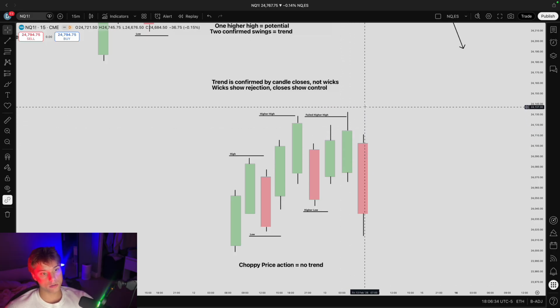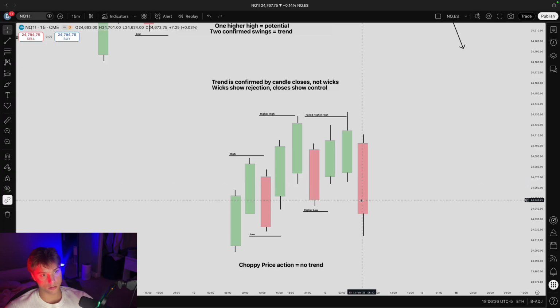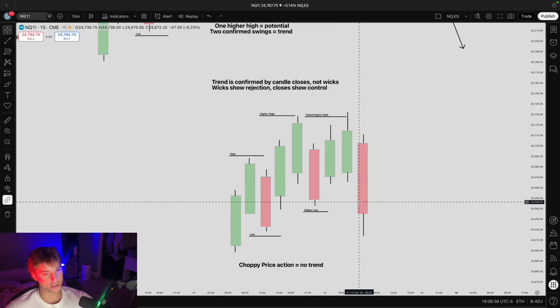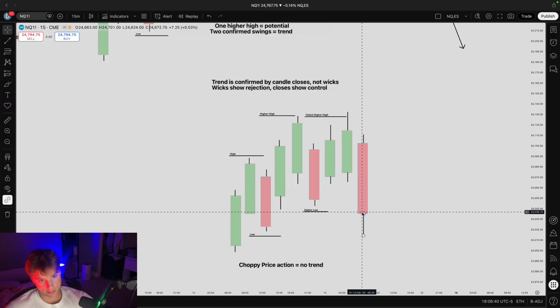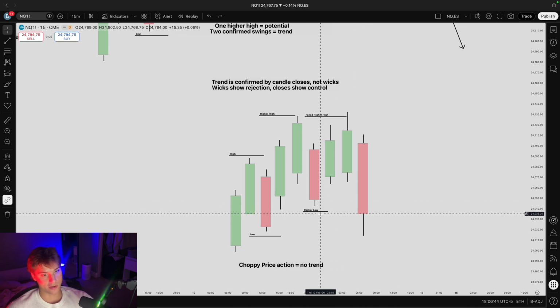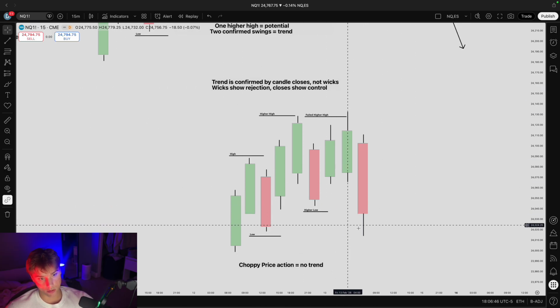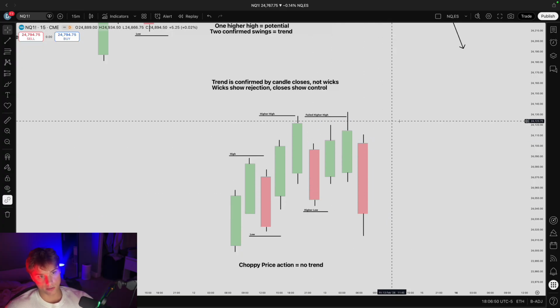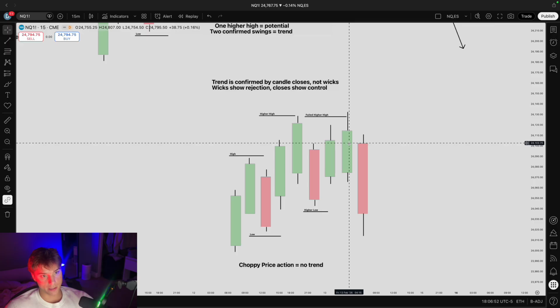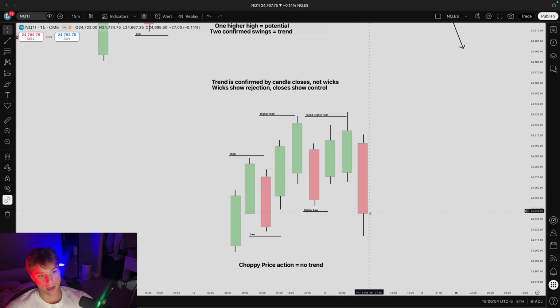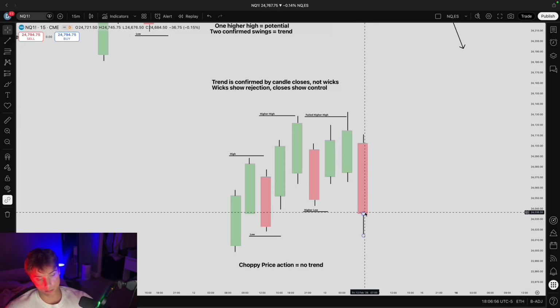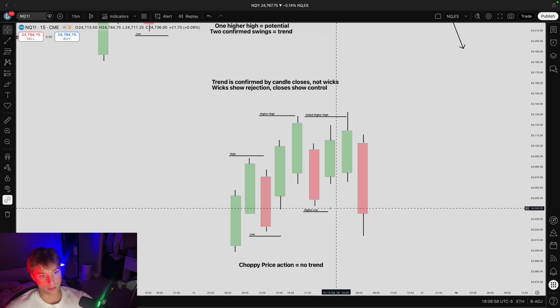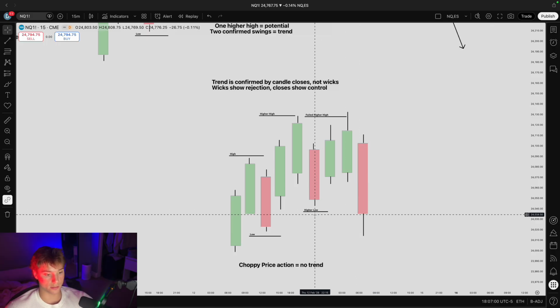And then now it's no longer a bullish trend because we now close below the higher low. So now this is going to be the new low, and it's no longer a higher low. So if you would have mistaken this being a higher high, this wouldn't be a higher low because this low body closes below the higher low of the previous candle in the trend.